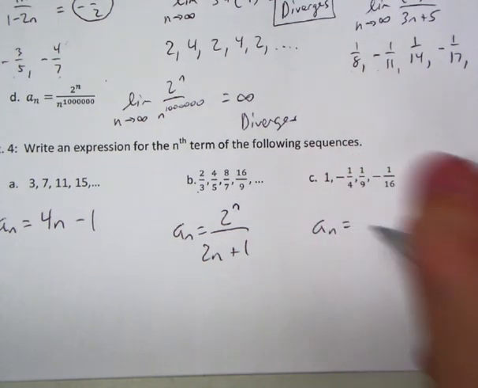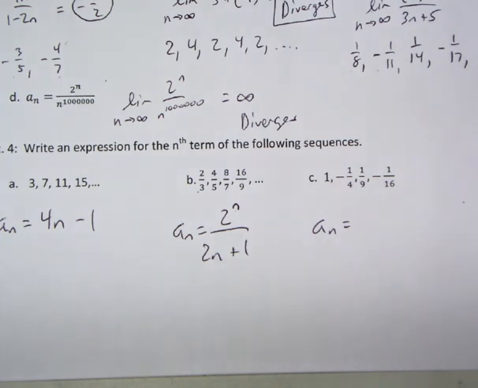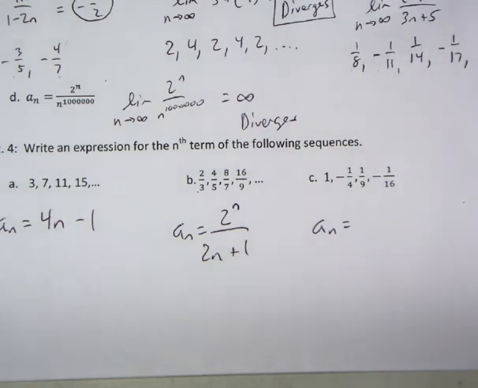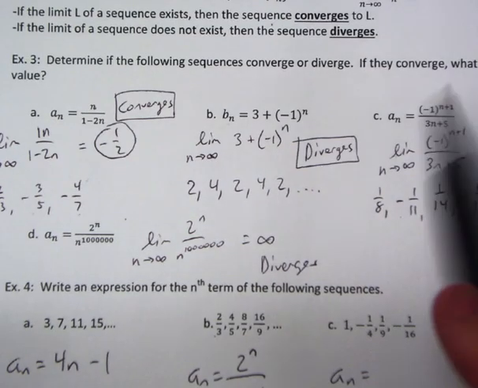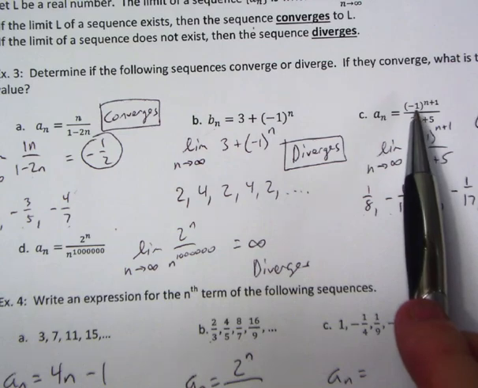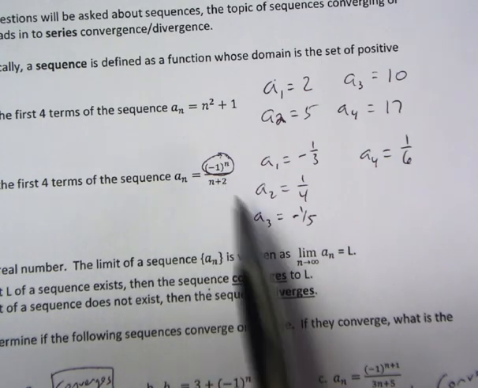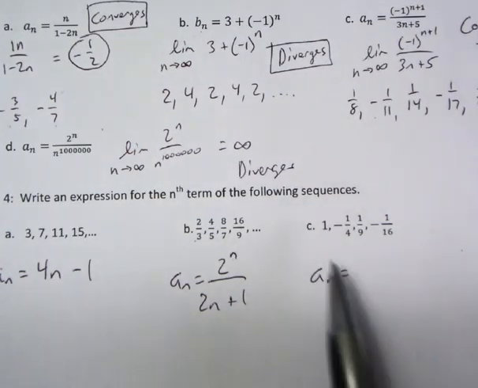Well, let's see. First thing that jumps out at me is I notice it's an alternating sequence, positive, negative, positive, negative. So that tells me it's going to have that -1 effect. It's either -1 to the n plus 1, or it could be -1 to the n. And the way is you just look at the positive and the negative of the first term.